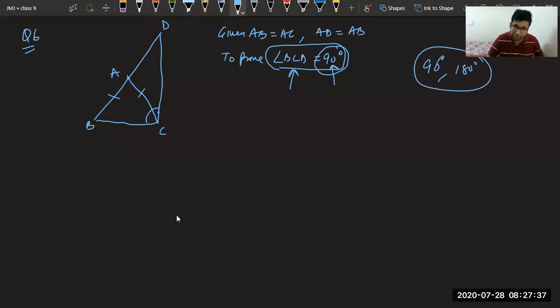From which property you can get these angles? Triple S criteria. Okay. But you people are forgetting one thing. If you want to prove them congruent, how will that prove that this angle is 90 degree? All of you, just Noor.